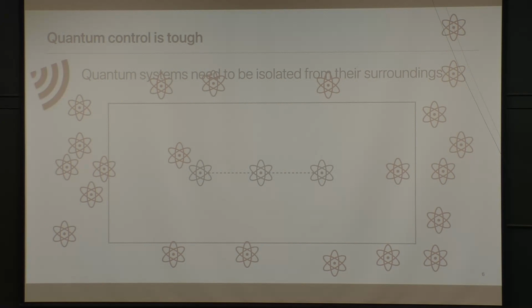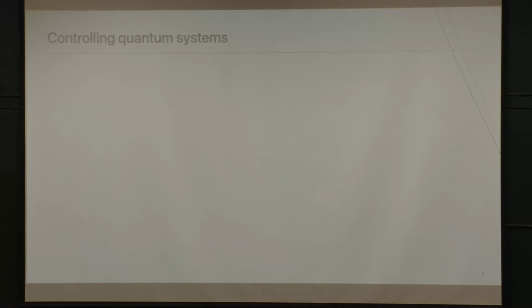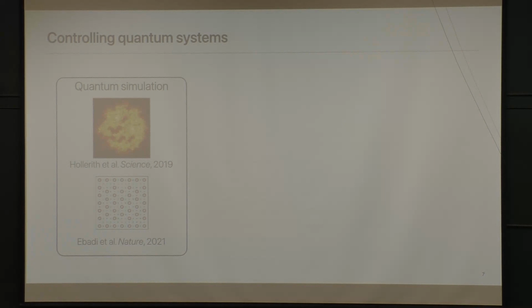So there has been really remarkable work in controlling quantum systems over the last 50 years, and there are a number of different platforms that people use. With this kind of quantum control, there are a lot of exciting applications. There's the quantum simulation idea, where we can engineer some quantum system and learn about the physics.